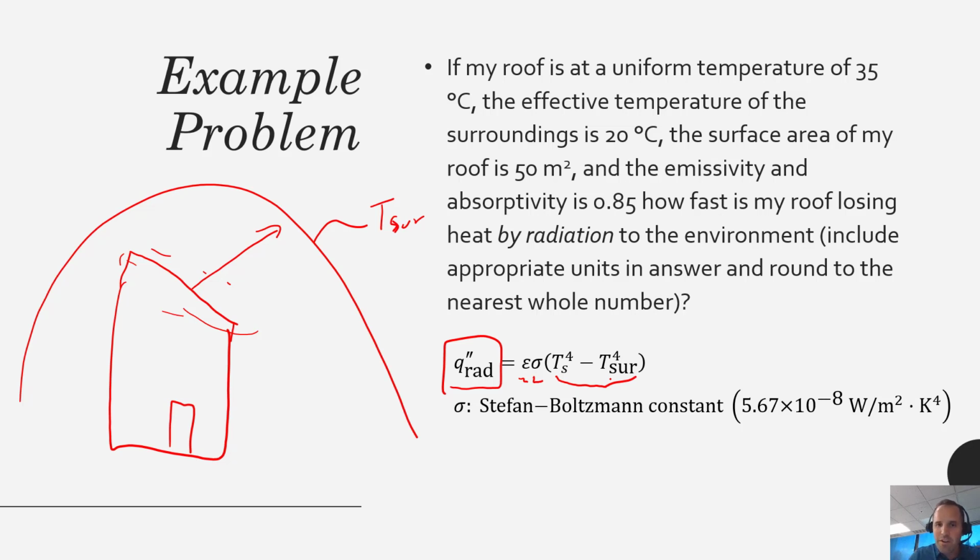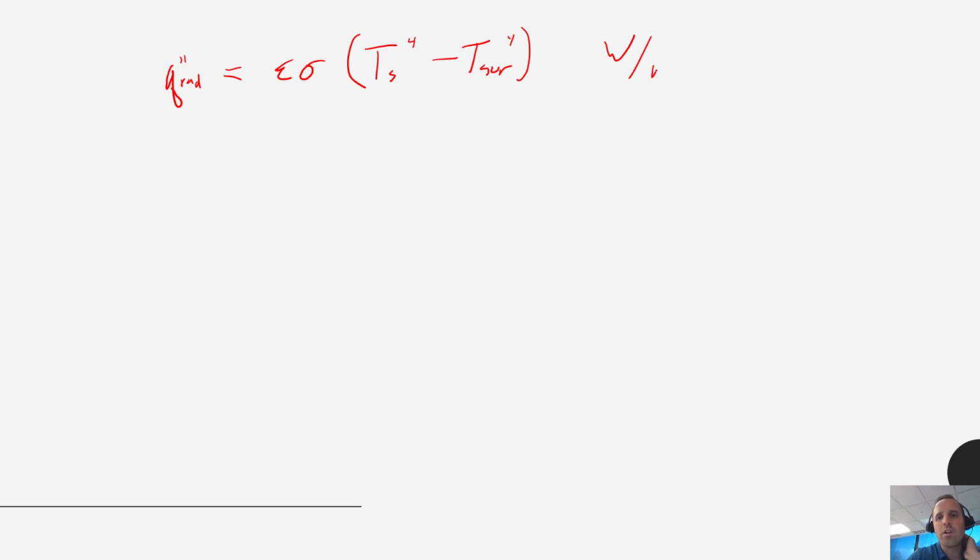So this is a fairly simple plug and chug problem where we want to identify what Q rad is here, and notice that we want the total rate of heat loss, not just the flux, not the rate of heat loss per unit area of my roof. So let's go ahead and plug and chug in here. We have the flux equal to epsilon times sigma times the surface temperature to the fourth minus the surroundings temperature to the fourth, which would give us units of watts per meter squared.